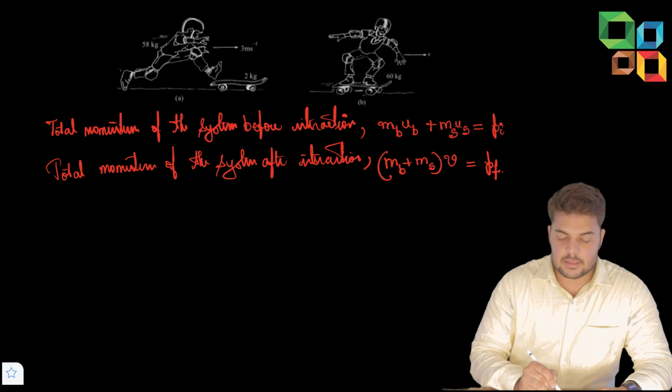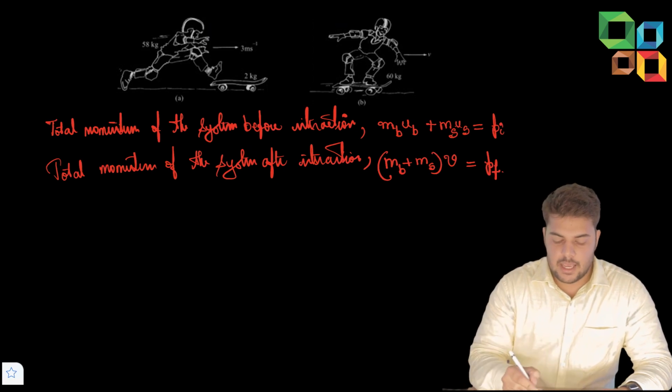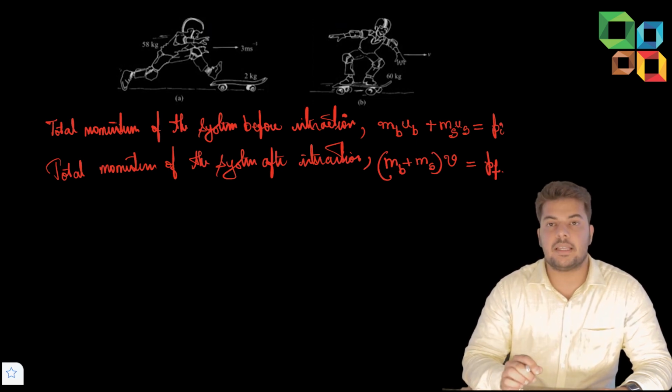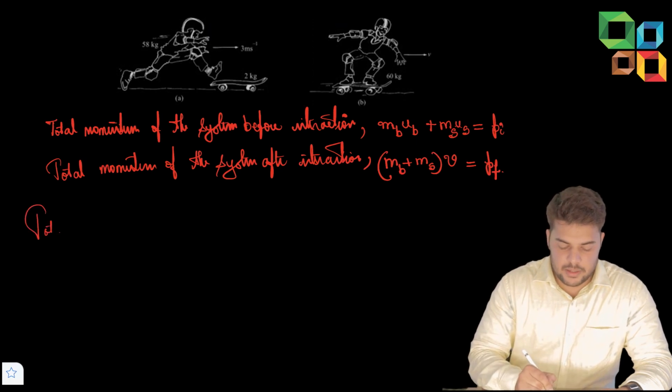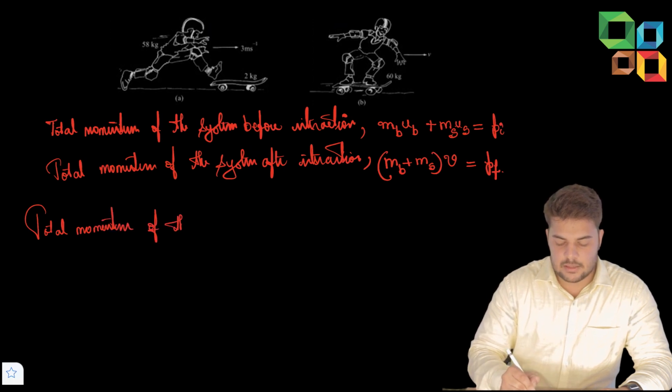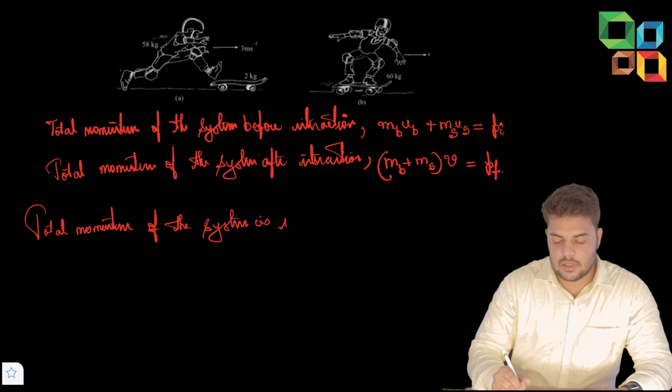Since there are no external forces acting in the horizontal direction, we are going to assume that there is no frictional force over here. Since there is no external force acting, I can say that the total momentum of the system is conserved.